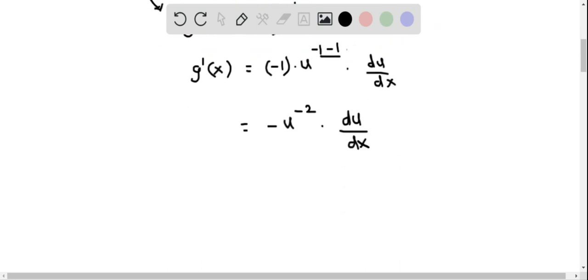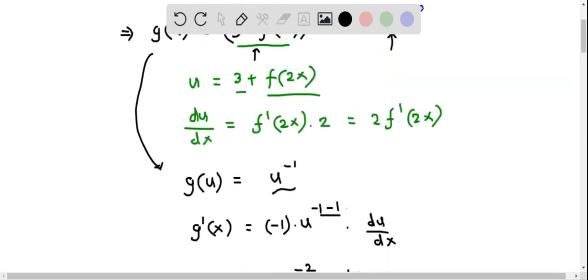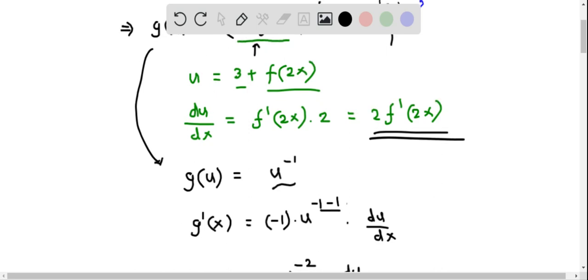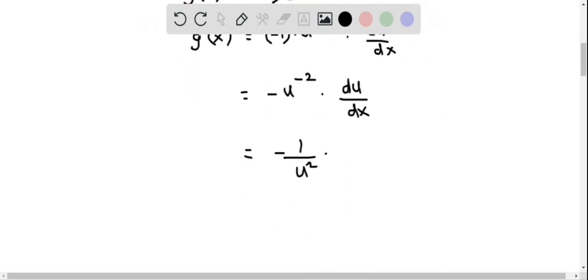We can rewrite this as a positive power of u. So therefore this becomes negative of 1 over u squared times the derivative of u, and we replace that by this expression, that is 2 times f prime of 2x. Now we should write this as a function of x.